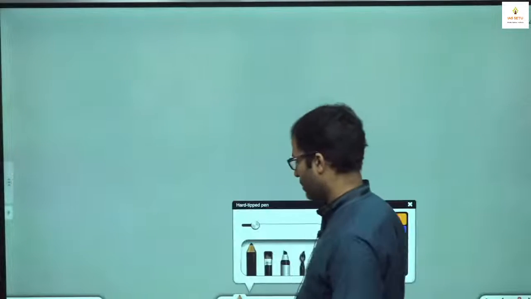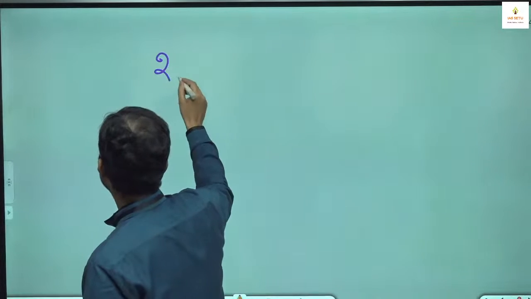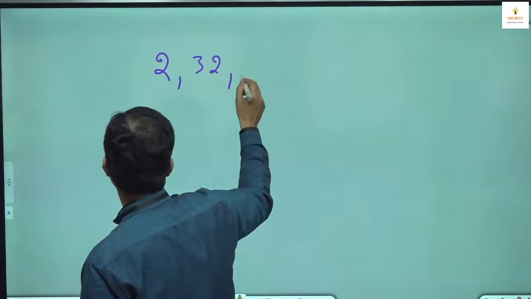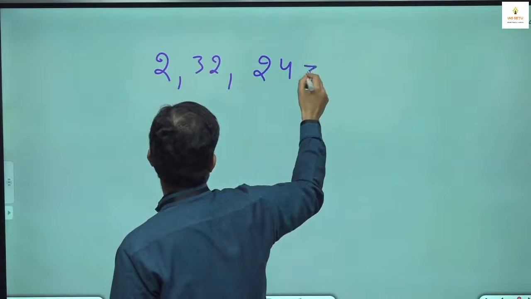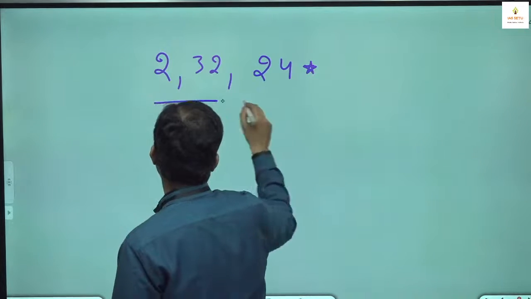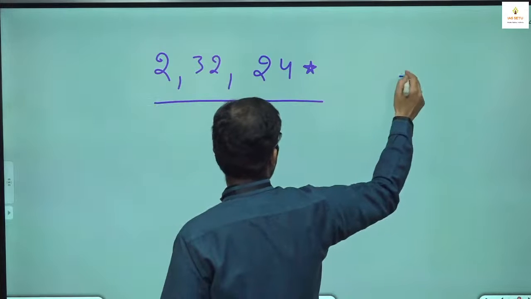Acha, what type of question is asked in the exam? They will say 2,32,024 star. And this complete number is divisible by 8.